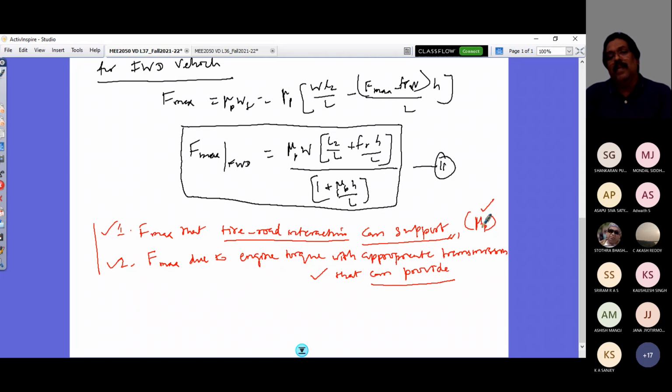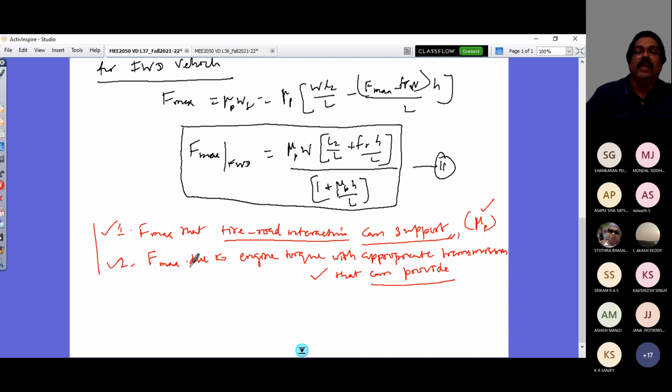Whereas in a higher gear, at high speeds, the limiting factor is the torque provided by the engine, which would be a smaller value than what mu times W can be supported by the road. So at that time, it is decided by the engine torque output. This is something to be kept in mind.